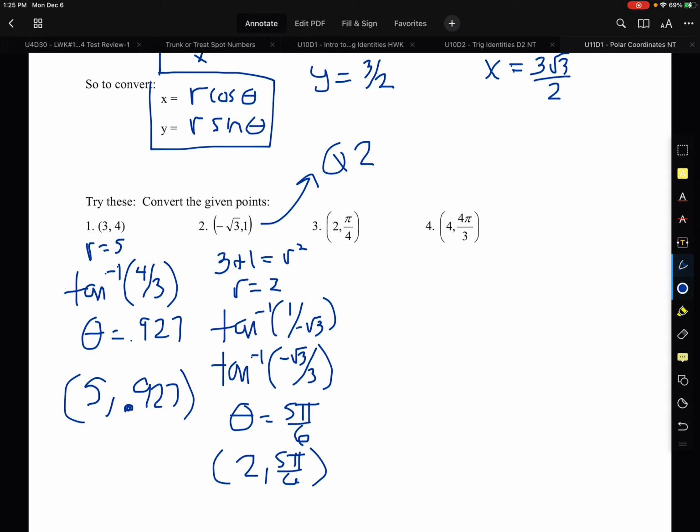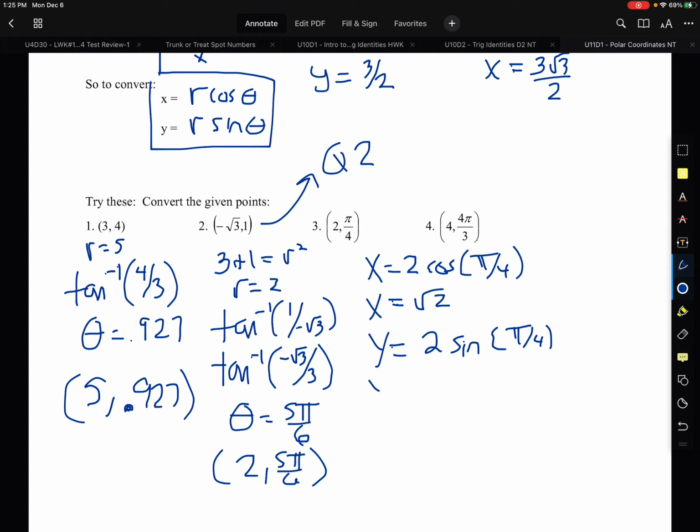All right, going reverse. We got x equals 2 cos pi over 4. So I got x equals, in this case, cos of pi over 4 is rad 2 over 2 times 2. I got rad 2. y equals 2 sine pi over 4.